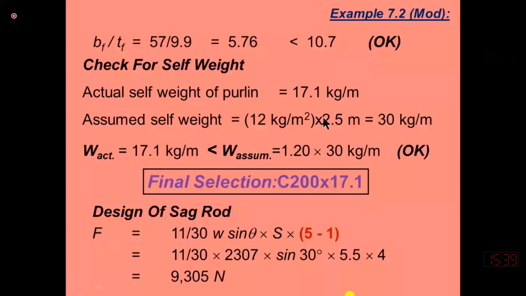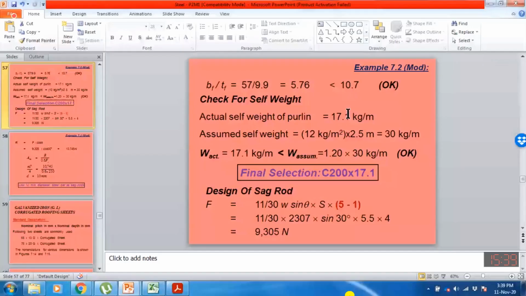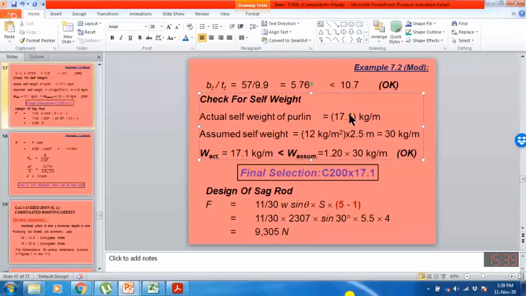So 17.1, how to compute this? 17.1 multiplied by the spacing of the truss, which is 2, the panel length, multiplied by the number of panels which are provided to us, 8, and divided by the total length of the truss. It will provide us the weight in kilogram per meter square.